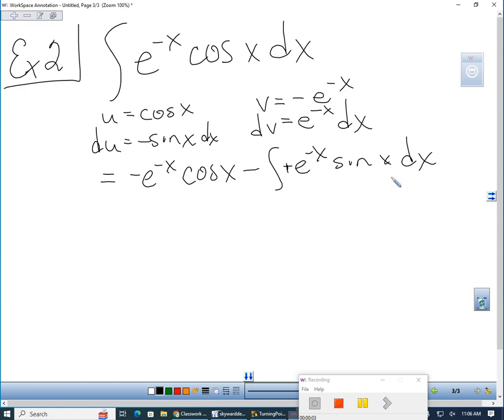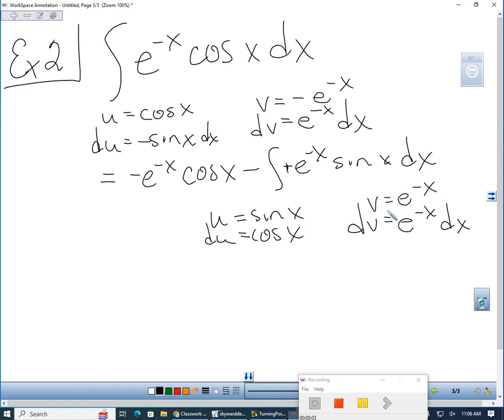All right, now we're going to do the same thing again, right? So this time my u is going to be sine x, and my dv is going to be e to the negative x dx. So du is cosine x. My v is e to the negative x. So I have equals.